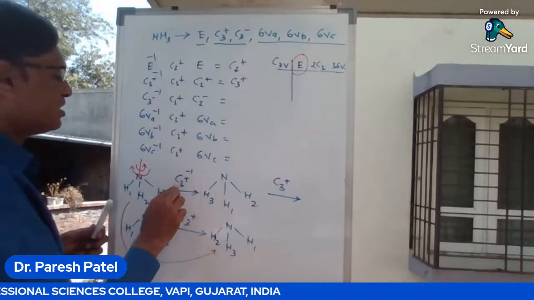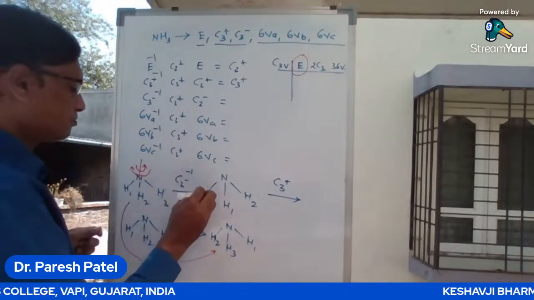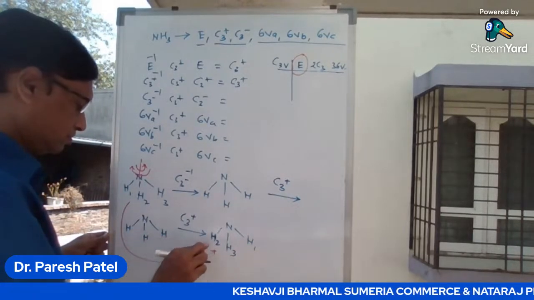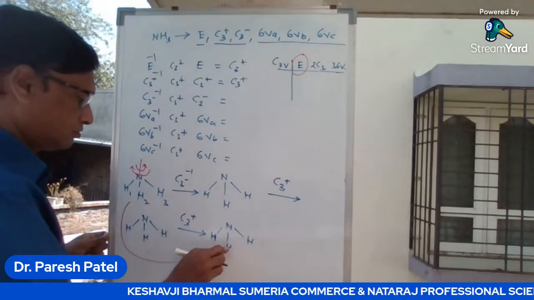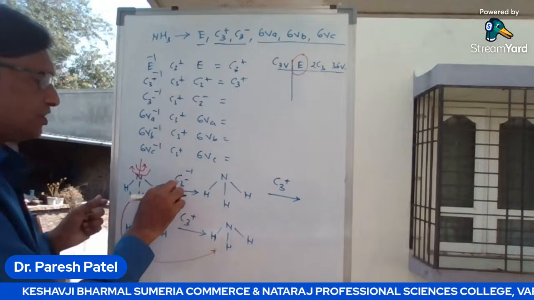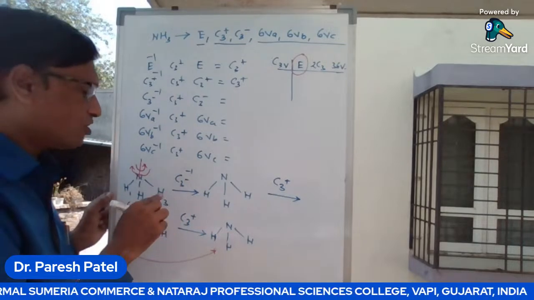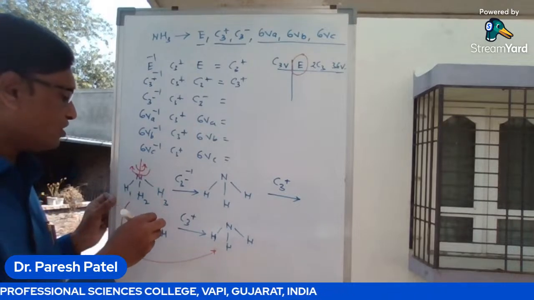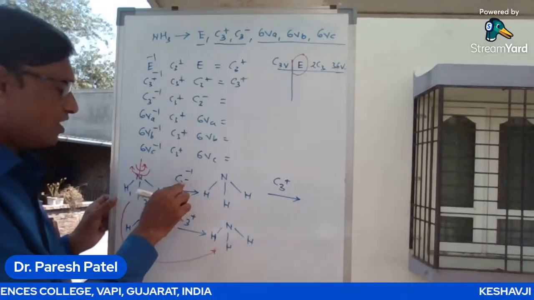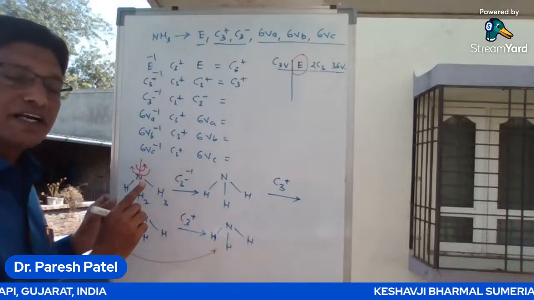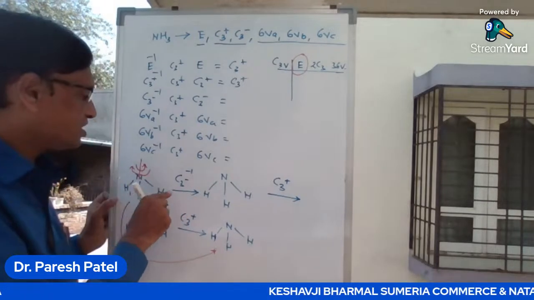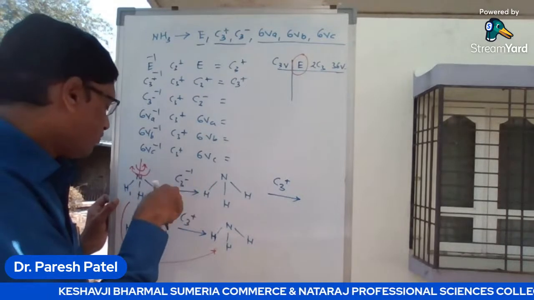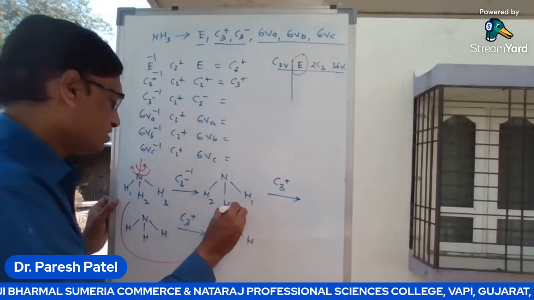If you go for C3 minus inverse, then what will happen? C3 minus means one time anti-clockwise rotation, and C3 minus inverse means one time clockwise rotation. So 1, 2, 3 becomes 2, 1, 3.